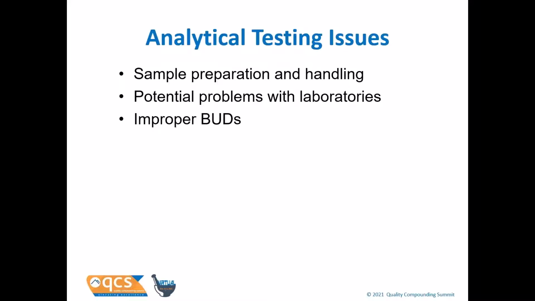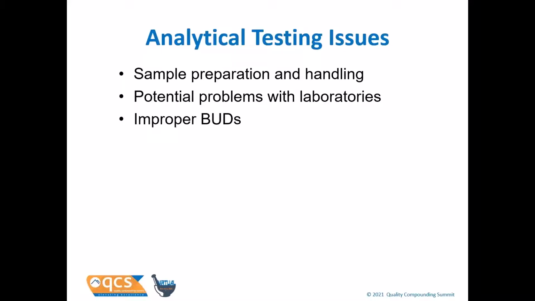For example, it's best to send samples overnight. Never send them on a Friday where they would not get there until Monday. Don't send them the night before a holiday or anything like that, but send them overnight express so that the laboratory will receive it preferably the next morning.